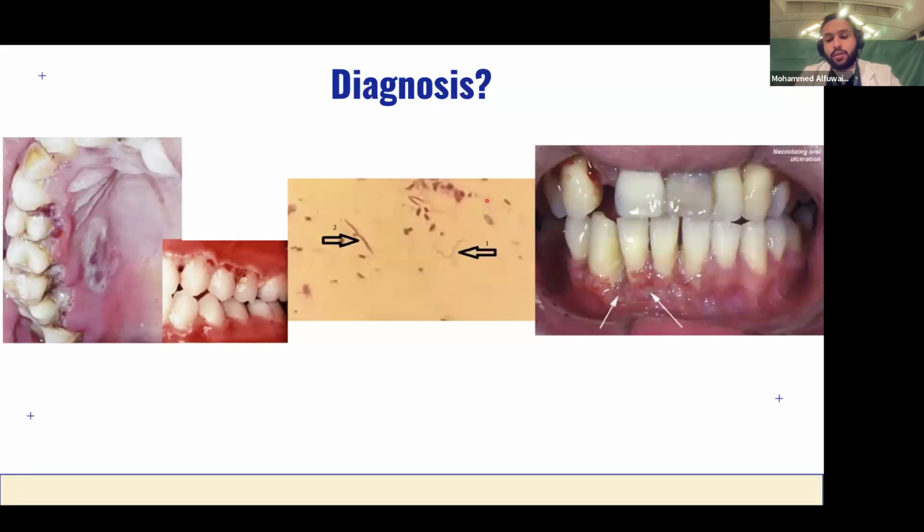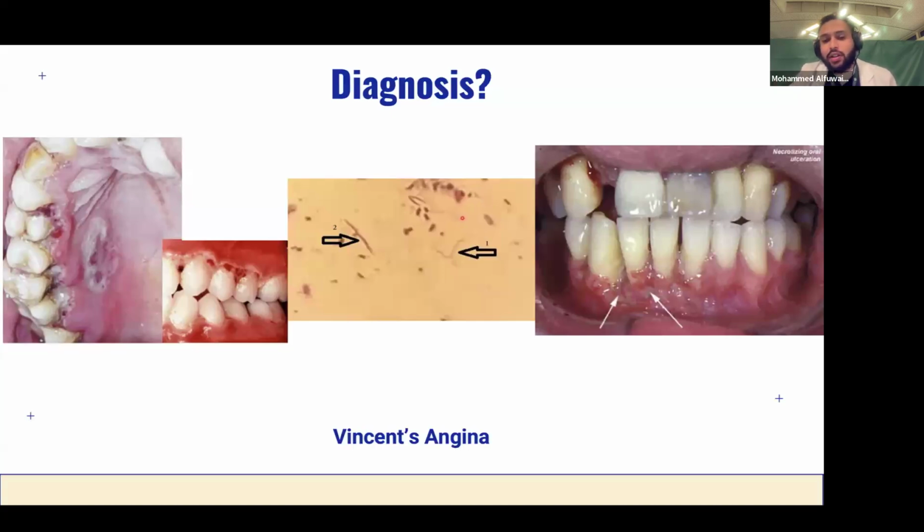Then we go to this disease. What is this? A very bad smell, halitosis, bleeding gums, and it's an infectious cause. Not Ludwig, Ludwig is here. The other angina. Vincent angina. Good.